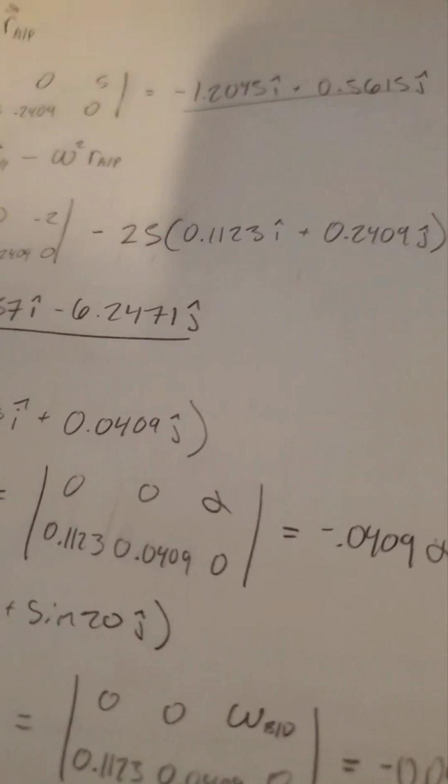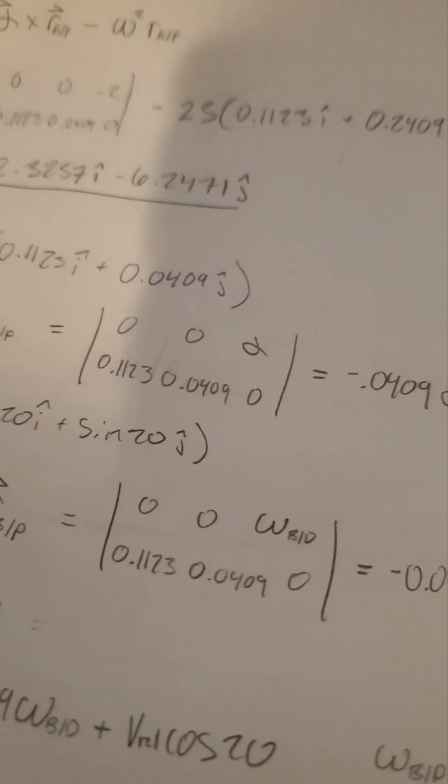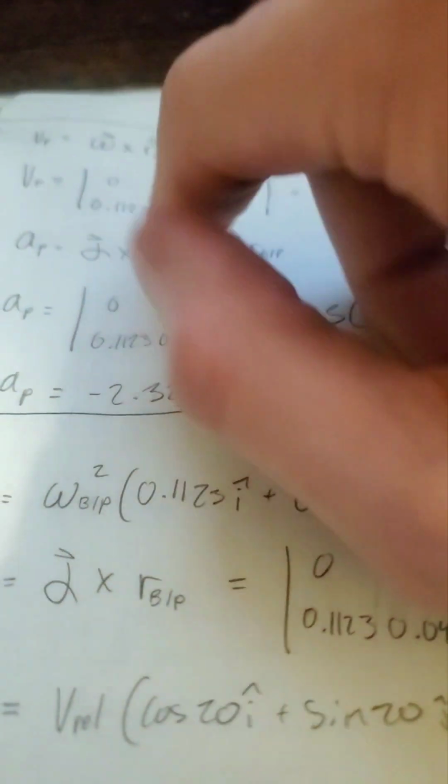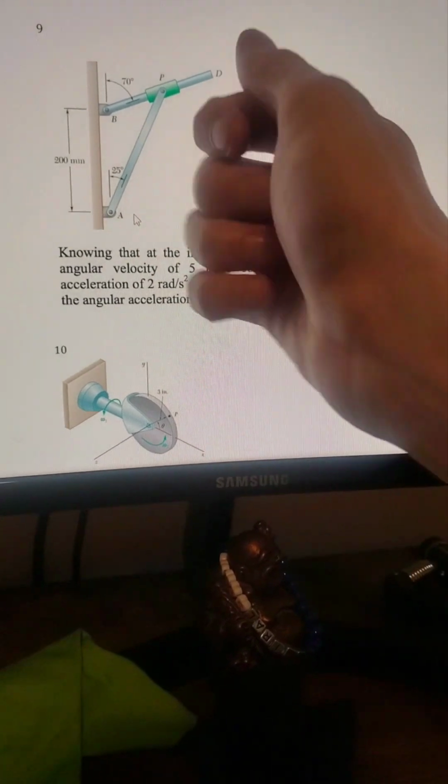So let's see, we're solving for the angular velocity and the angular acceleration of the rod attached at B. Okay, so just the top rod there. So basically, we know the velocity at P is going to equal the angular velocity of this member, right? Because this is rotating.